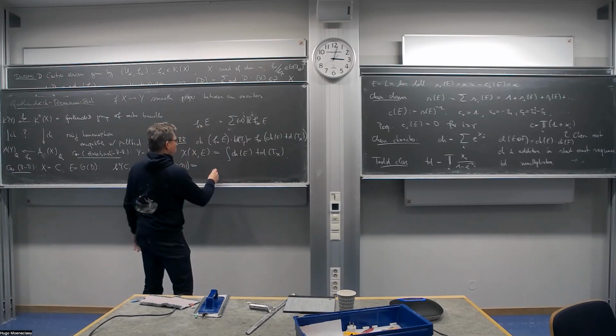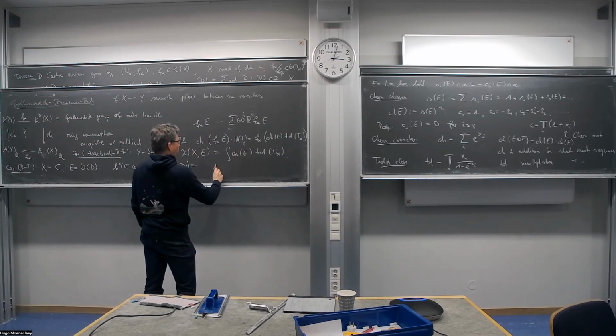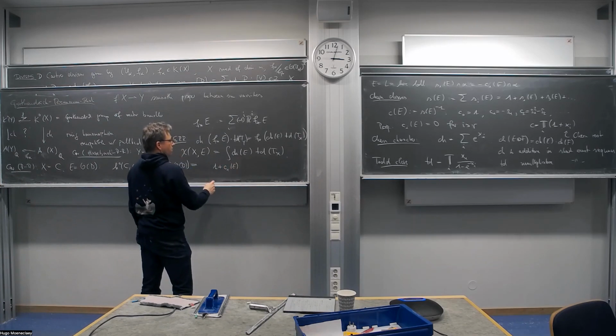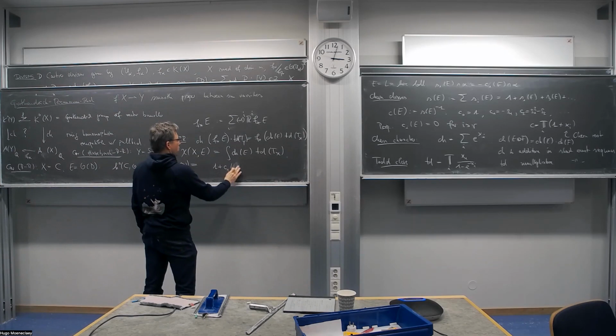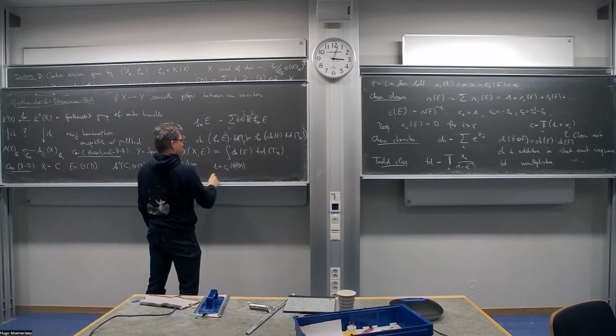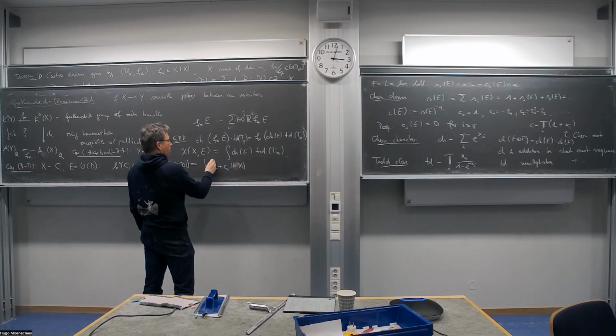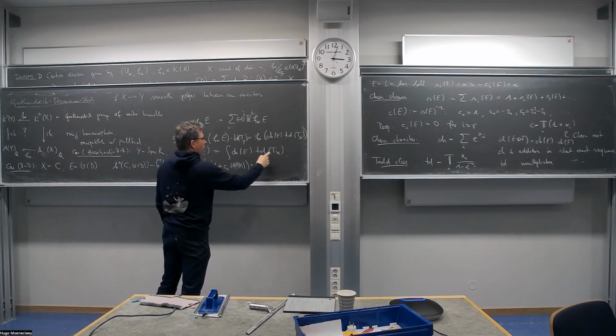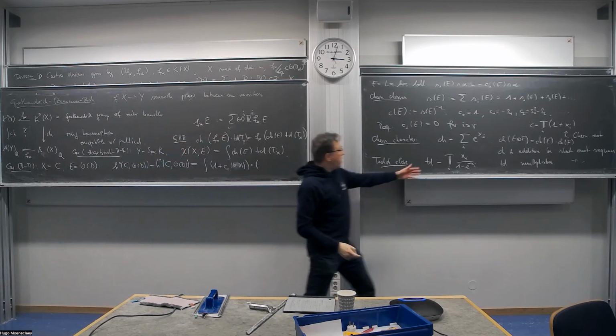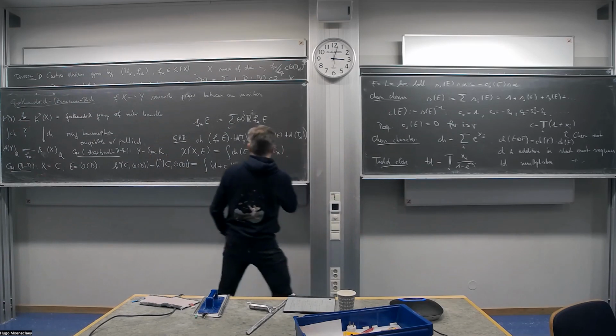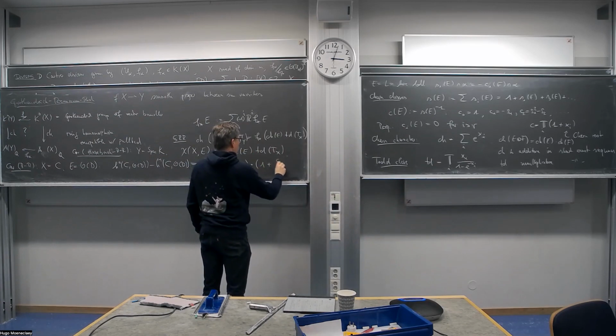Well, the Chern character of E is 1 plus c1 of E, so also O(D), times the Todd class, which we can calculate just by plugging it in, and it comes out that this is 1 plus c1 over 2.